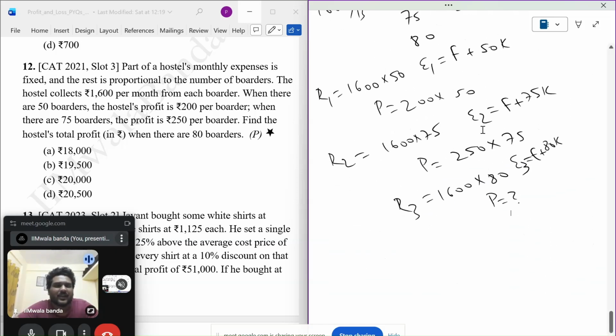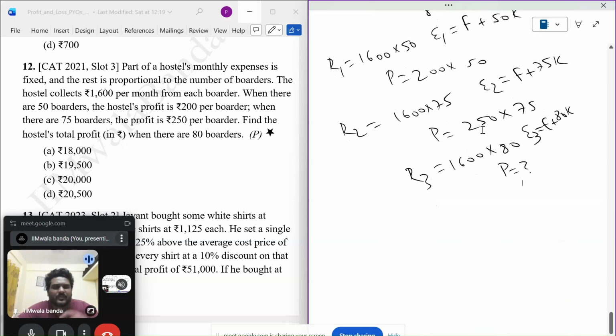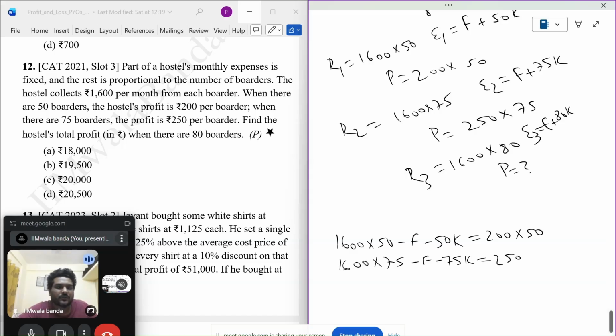So basically, this question is more about calculation. Let's start writing the equation. Revenue minus expenditure. So 1600 into 50 minus F minus 50 into K is 200 into 50. This is the first equation. 1600 into 75 minus F minus 75K is 250 into 75.